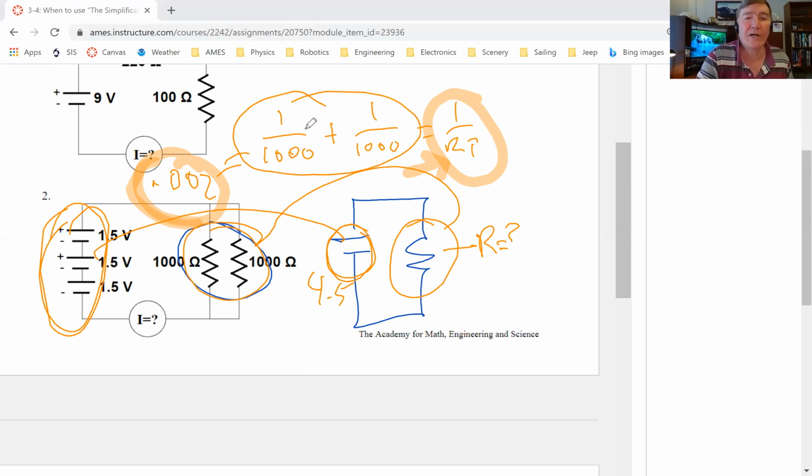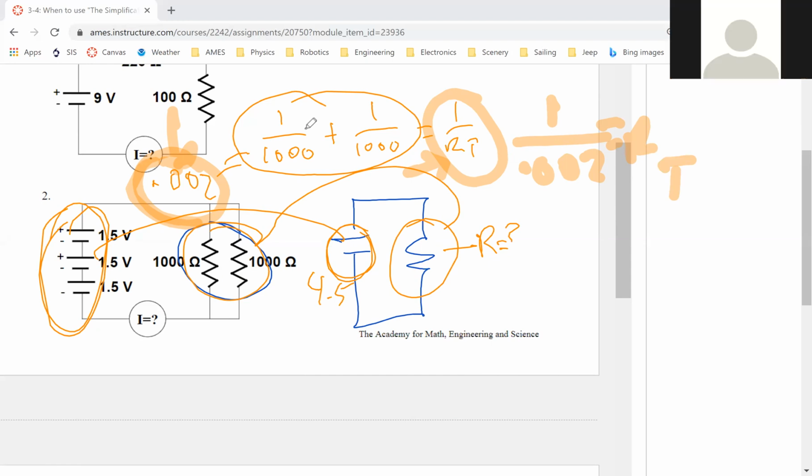So if I want to know what our total is, what do I have to do? I have to take 1 divided by whatever this guy was. That will tell me what our total is. Okay. All right. So if I do 1 divided by 0.002, I get 500. And Tristan, is that what you got?